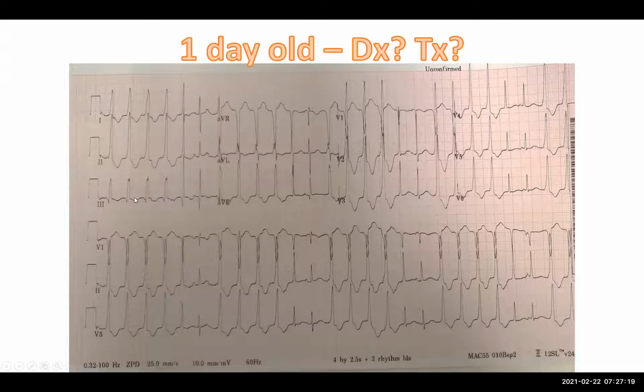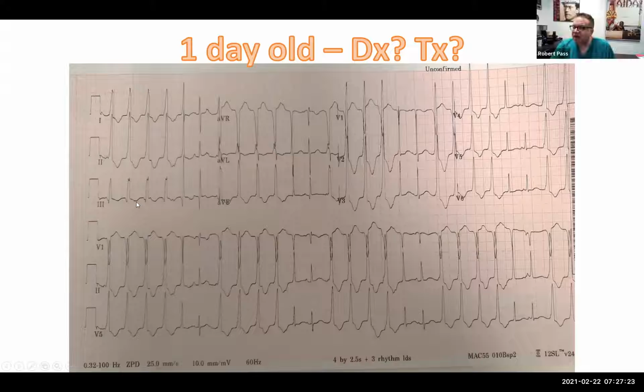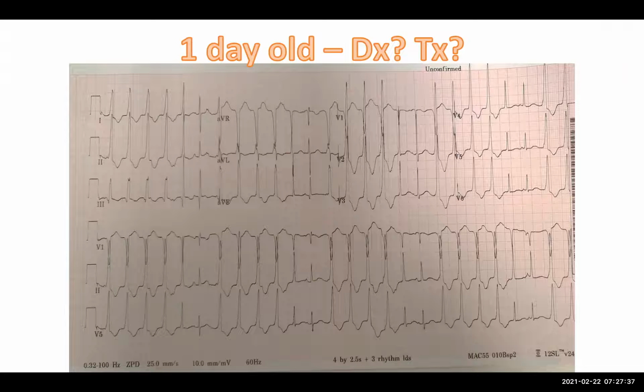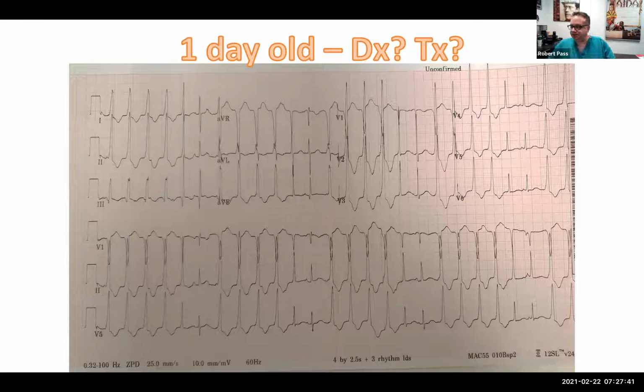So you're saying there's a P wave following the QRS complex, but not every QRS complex, right? You notice this one looks different than this one or this one. I'm trying to suggest that there seems to be ventriculoatrial dissociation. Okay. So what do you think this rhythm is?